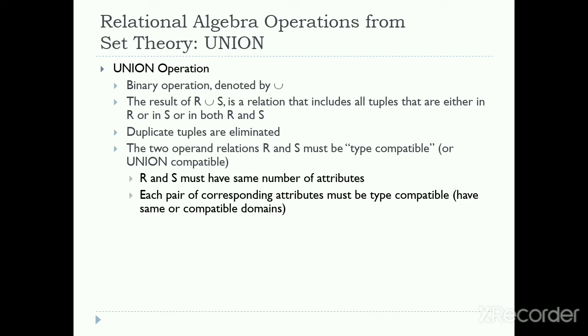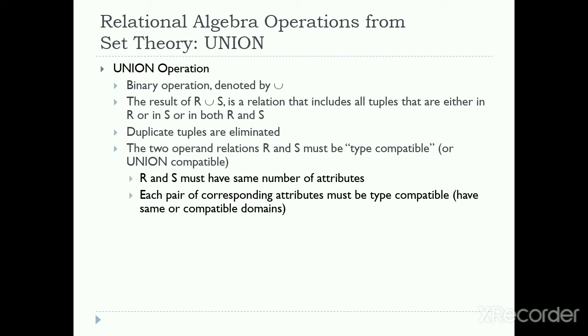R and S must have the same number of attributes. If you have 3 attributes in one relation, then in the other relation you must also have 3 attributes. Also, each pair of corresponding attributes must be type compatible, that means they must have the same domain.